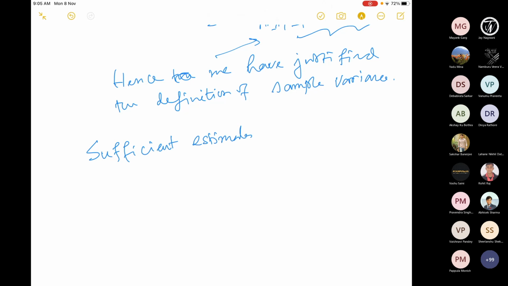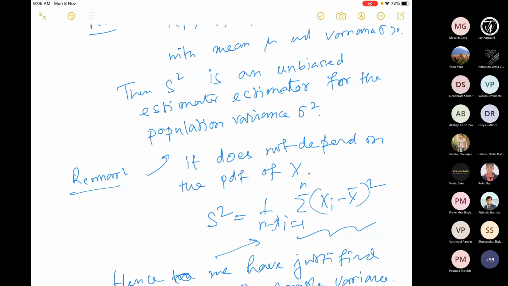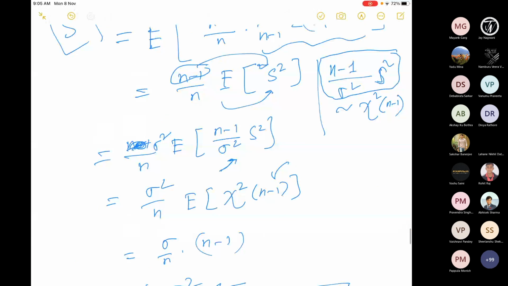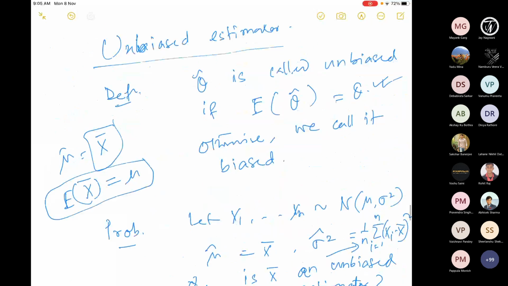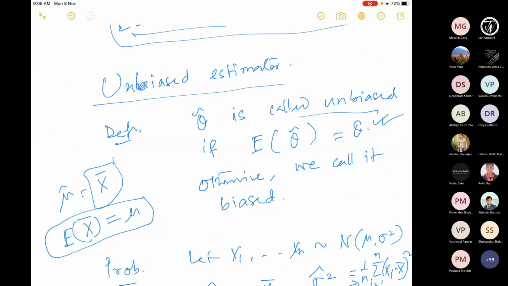The problem with this property, biasedness, is that you do not know theta, because that is the population parameter. So there is no way to check whether this is true or not.